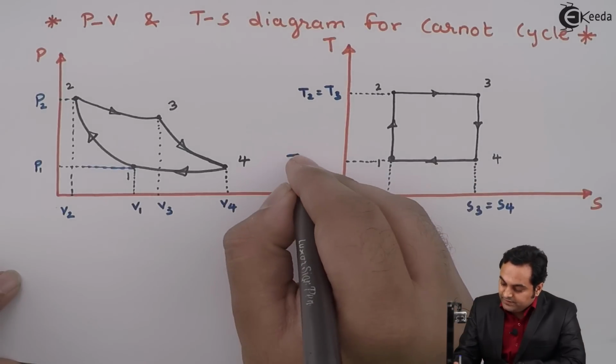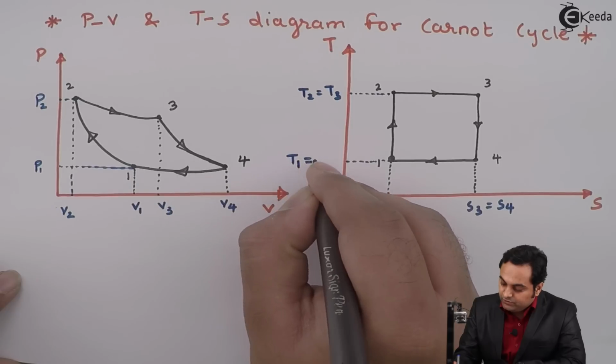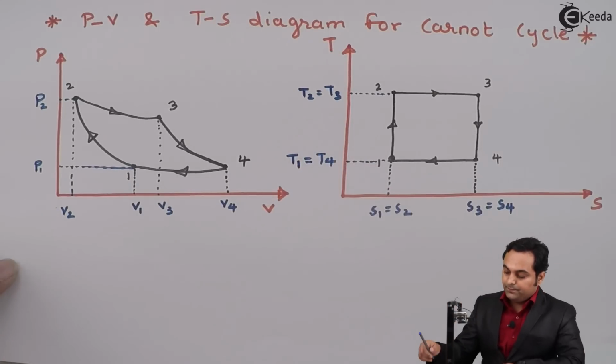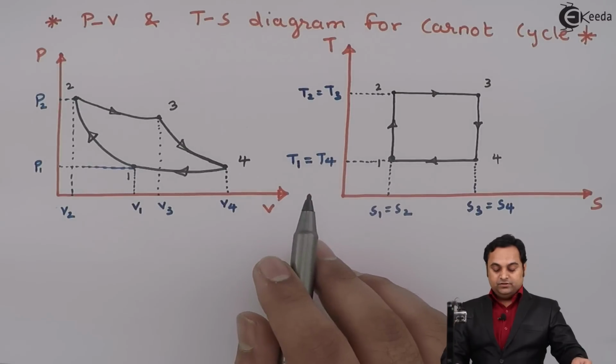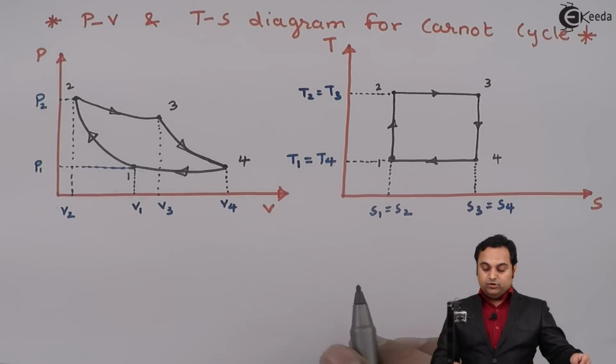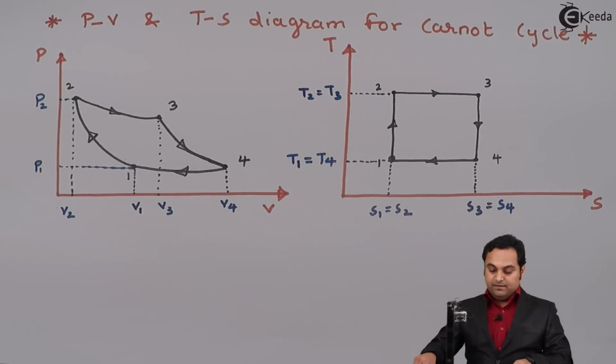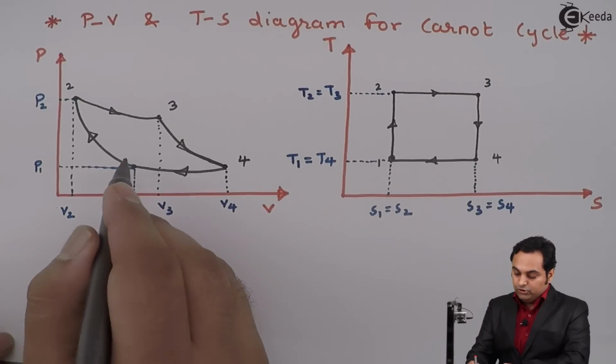So temperature at point 1 is equal to temperature at point 4, isothermal heat rejection.